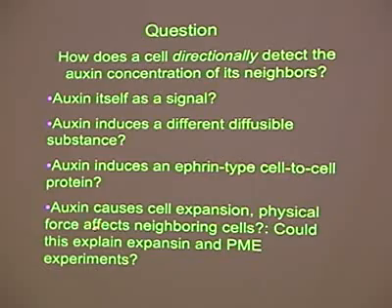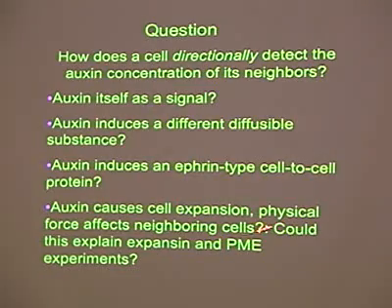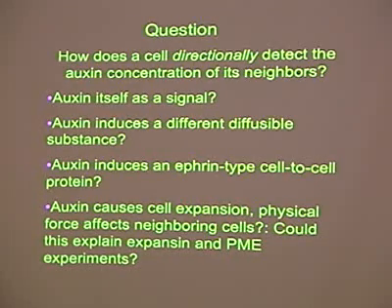So our hypothesis then is that auxin causes cell expansion, and it's not a chemical signal from one cell to another, but a physical signal that affects the neighboring cells, and that PIN1 is realigning and going to the plasma membrane that has the most stress.